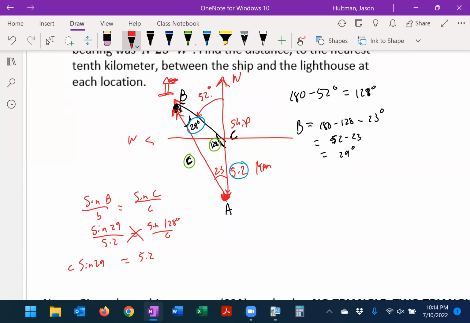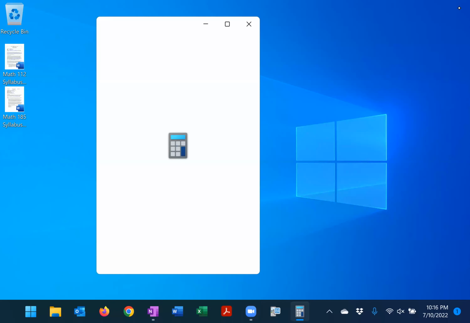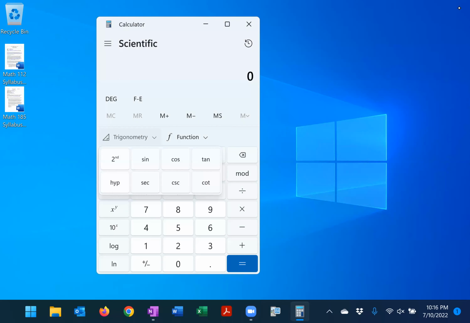Divide by the sine of 29. And so C is going to be approximately what? Let's see if this one works. So we're going to do 5.8 times, and this has reverse notation. We have to put the number in and then do it backwards. So this is going to be the sine of 128.